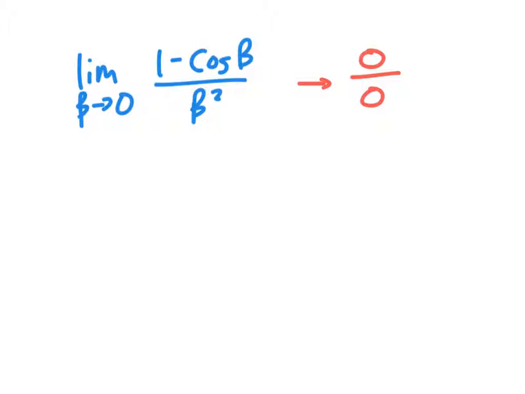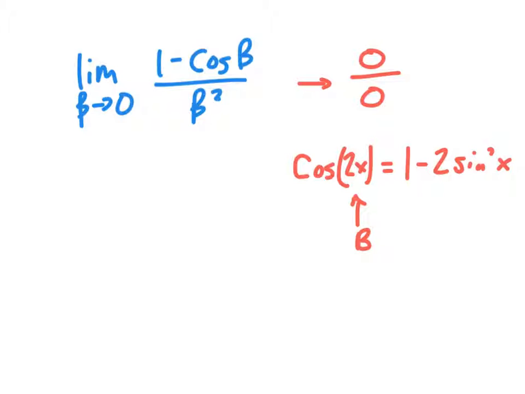so we're going to have to transform this thing. If you look through your trig identities, you'll probably see this one, which is the one we're going to use, usually written something like cosine 2x equals 1 minus 2 sine squared of x. Now, we do have to take one thing into account, that our problem has beta where the 2x is.